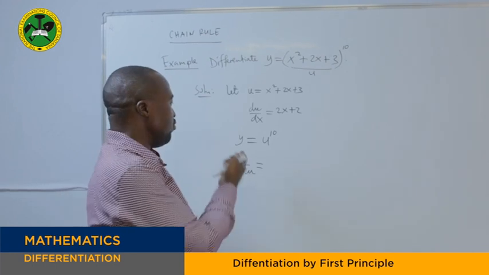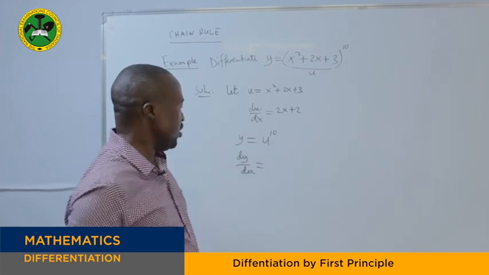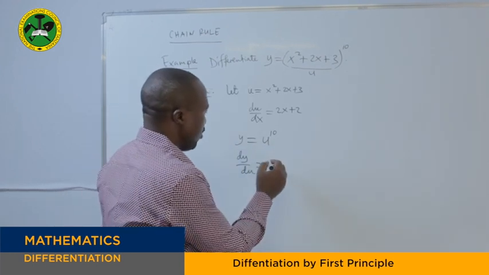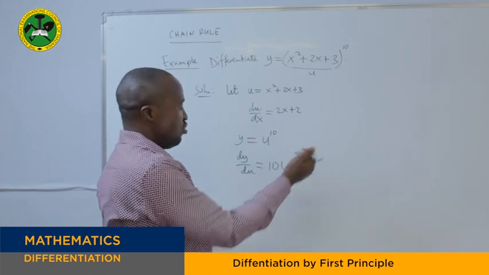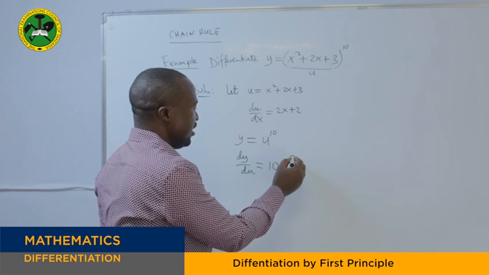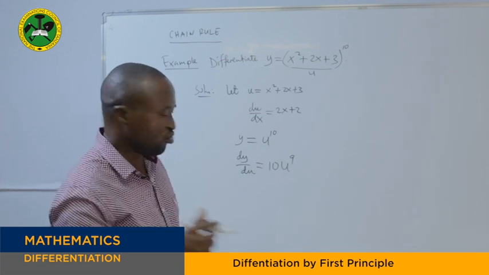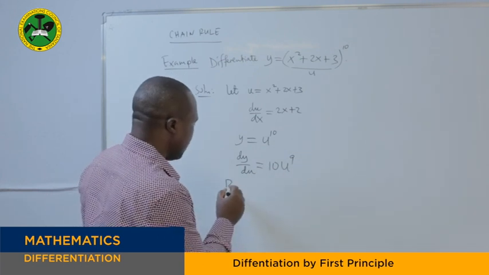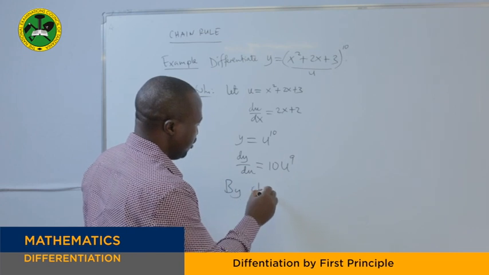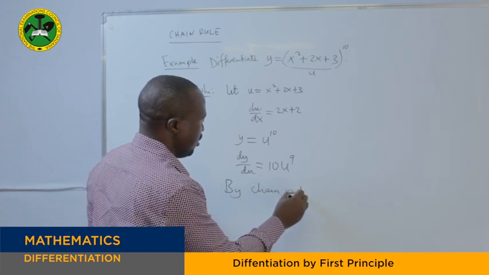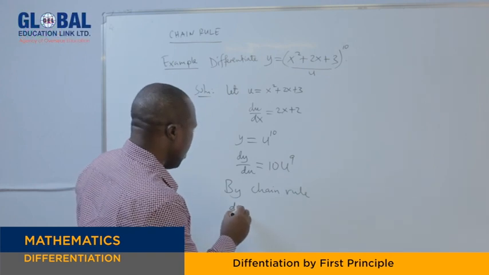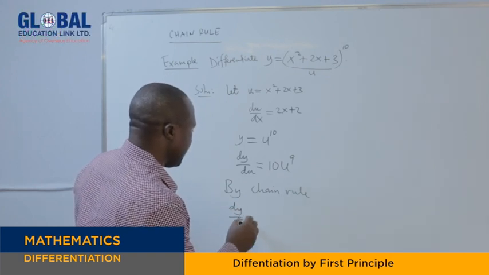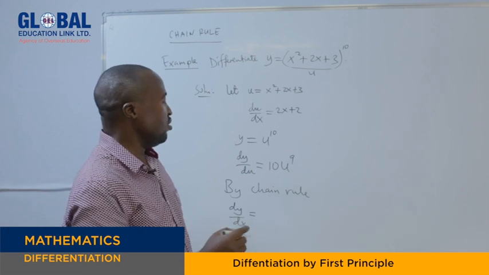Why? Because we have y and the u. Now this one is equal to 10 u raised to 10 minus 1, that is 9. Now, my dear student, the chain rule states that dy over dx is equal to dy over du times du over dx. That is the chain rule.